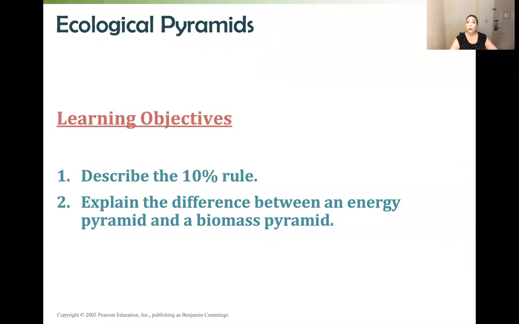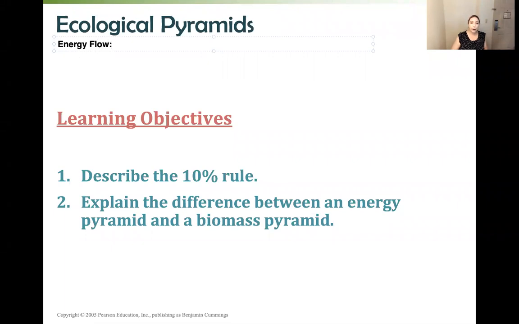So the last part of this PowerPoint is ecological pyramids. And this is kind of putting together all of the information that we have learned. So just for a quick review, the first part of the PowerPoint looked at energy flow, right?